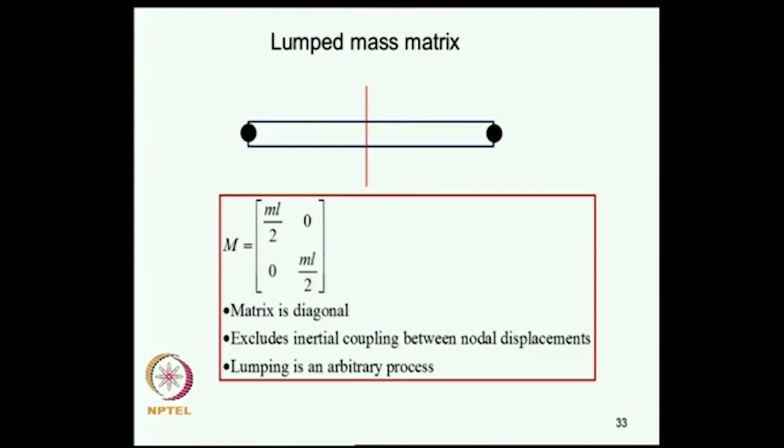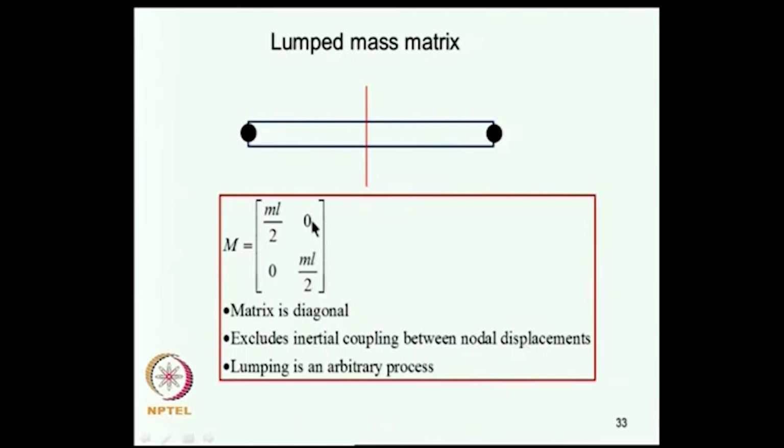Now I talked about the consistent mass matrix, and an alternative way of deriving the mass matrix used heuristic arguments: in an element half the mass is lumped at one end and half the mass is lumped at the other end. If we do that, we get a diagonal mass matrix, and this is called the lumped mass matrix. This is diagonal, but it excludes inertial coupling between the nodal displacements.